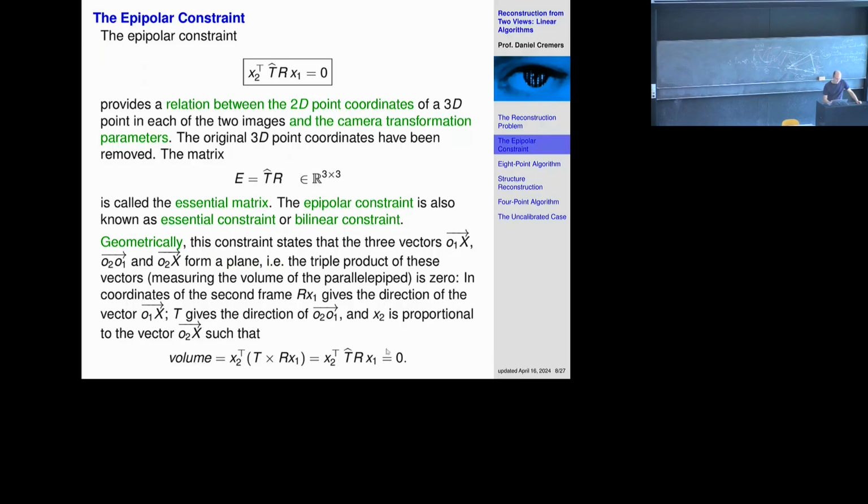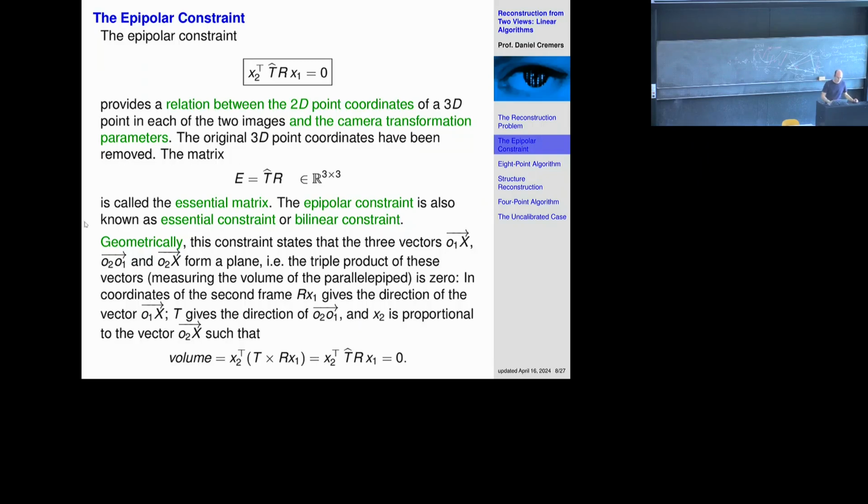And the statement that this should be 0 basically says the volume that these 3 vectors span must be 0. And that basically means they need to intersect somewhere. If they don't intersect, we create a non-zero volume in the space spanned by these 3 vectors.